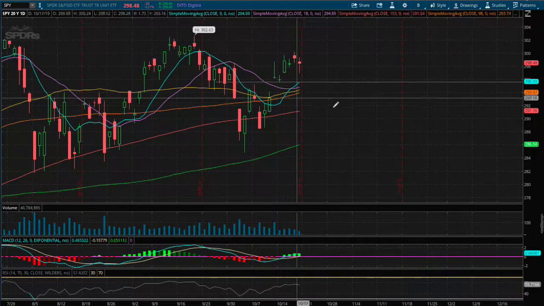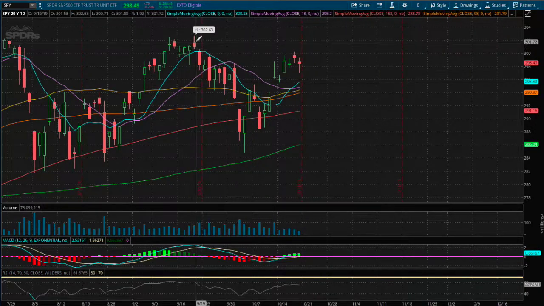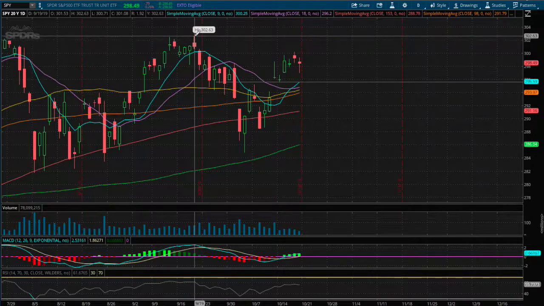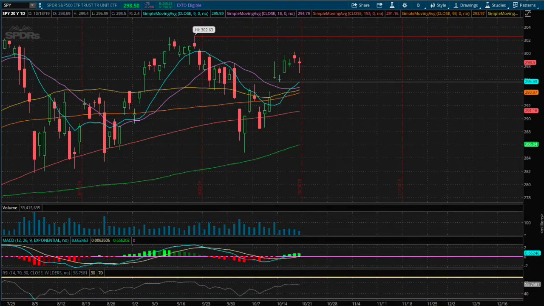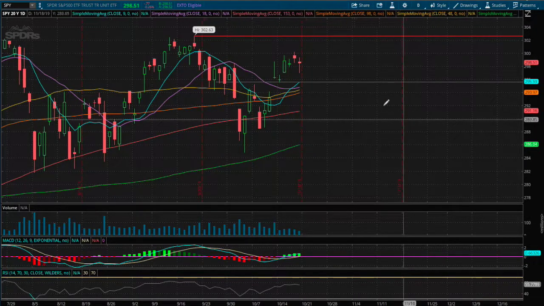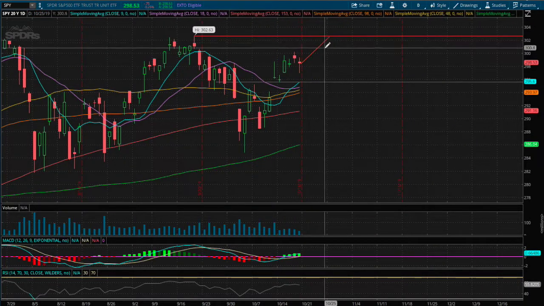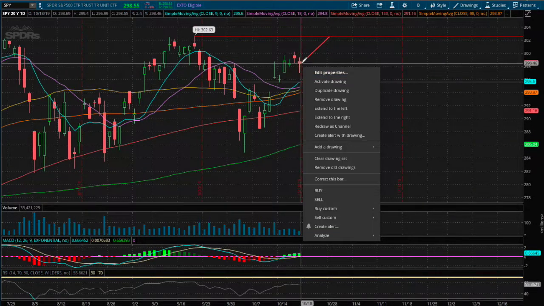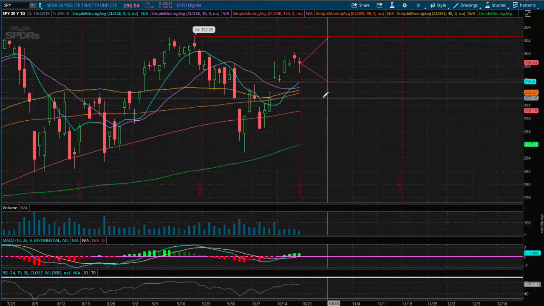As for resistance, the resistance will be the all-time high where we left off back on September 19th, so right around $302.63. If we were to move on higher, that price movement is roughly 1.4% to the upside, and to the downside, that price movement is roughly 94 basis points.